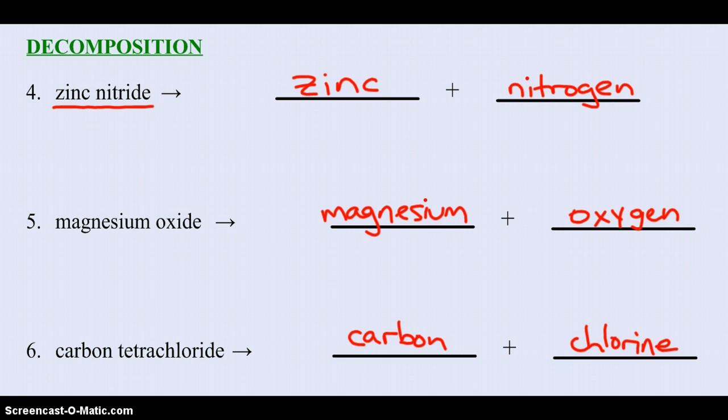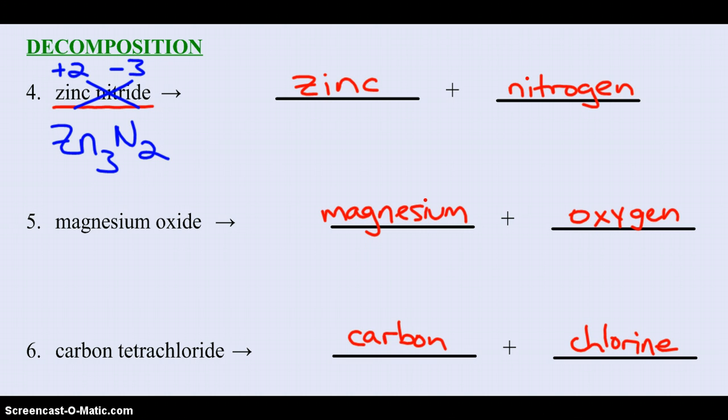Zinc nitride, I have to look up on my friendly ion card. Zinc is always +2, even though it's a transition metal. If you look on your ion card, it's the third chart down. Nitrogen, a representative element at the top, is always -3. It wants to gain 3 electrons to be like a noble gas. So because of that, I'm going to need 3 zincs and 2 nitrogens, crisscross.